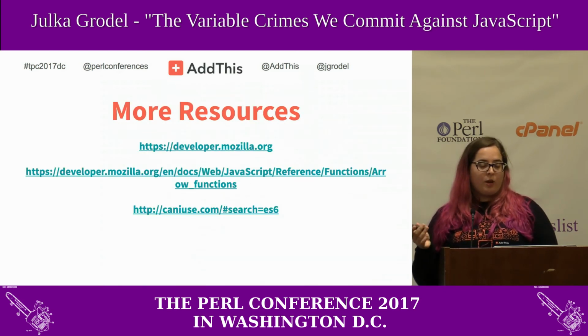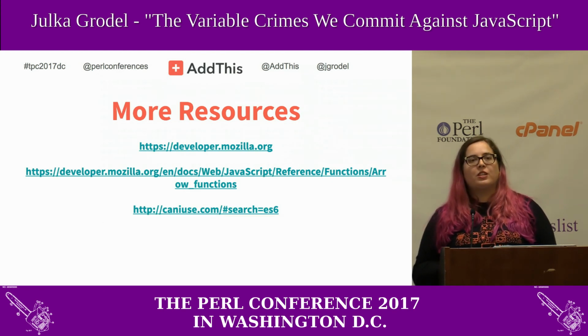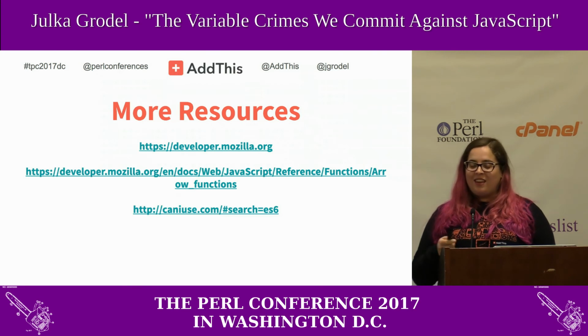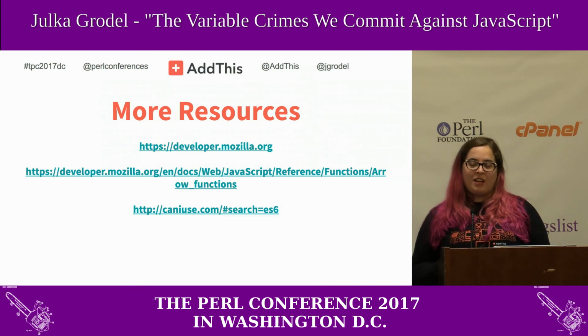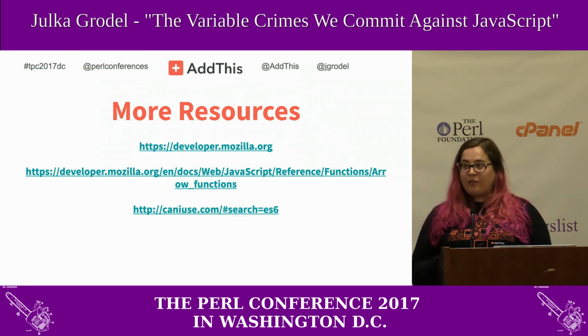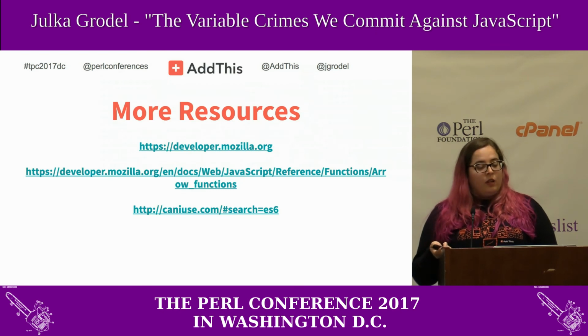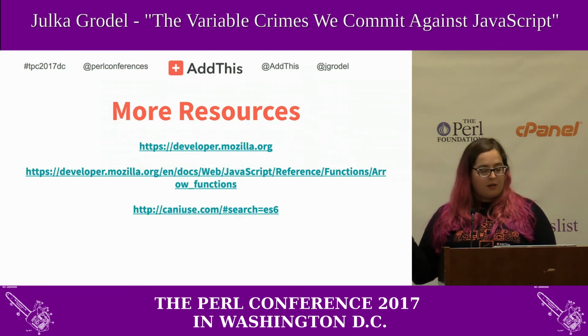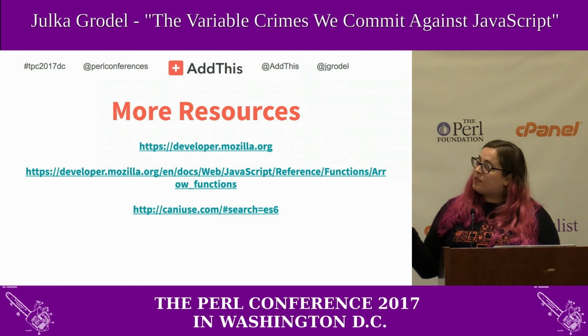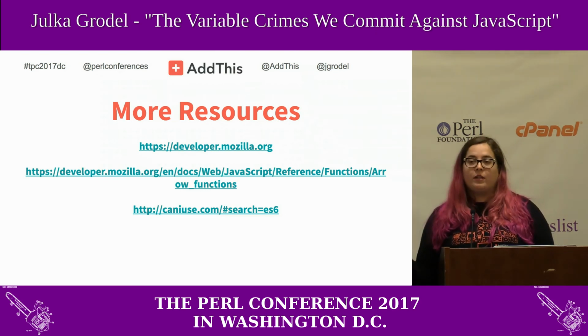I did want to leave you with a couple more resources. developer.mozilla.org is actually a wiki that you can edit at any point if you find something in it that's wrong, but it is great JavaScript documentation that'll let you know how these functions work. Also, the second link is information about arrow functions specifically, and that'll go into more about how they're special in objects in ES6.